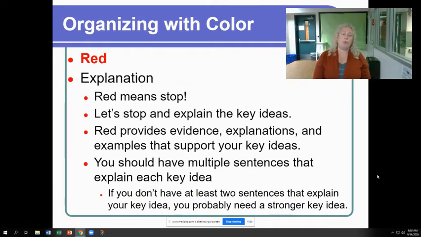Okay, so red. Red means stop. Stop and explain those key ideas, right? Give your evidence, give your explanations that support those key ideas. So if one of my key ideas for my cat paragraph, cats making good pets, is that cats keep rodents away. Well, why? Why is that good? Why is that a good reason to have a cat? Well, let me stop and explain.